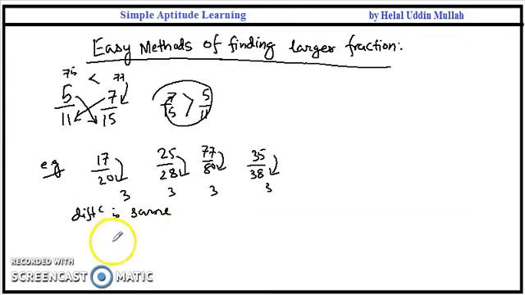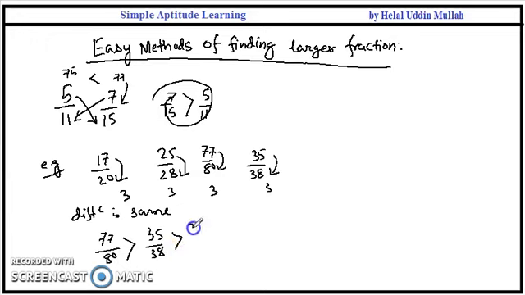In such a case, when the difference is common, equal, the same, we can just say that the fraction which has the greatest numerator value will be the largest fraction. So in this case, 77 has the greatest numerator value, so it will be the largest among all these. The next value is 35 by 38.